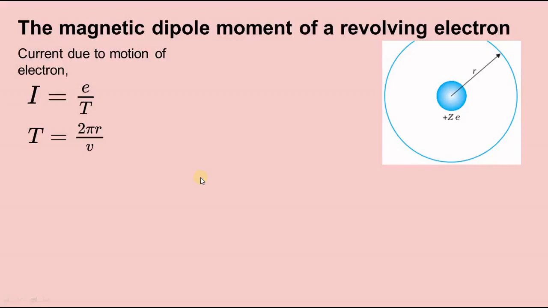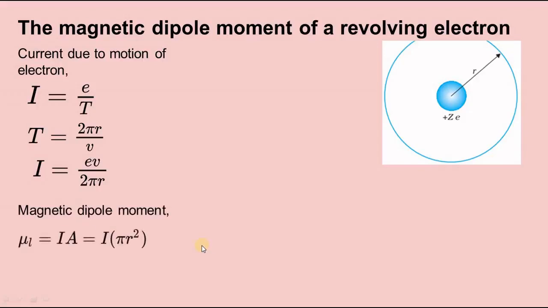But T is equal to 2 pi r by v, 2 pi r being the circumference of the orbit. Substituting for T in the first equation, we get I equal to ev by 2 pi r. The magnetic dipole moment is given by mu L is equal to IA.